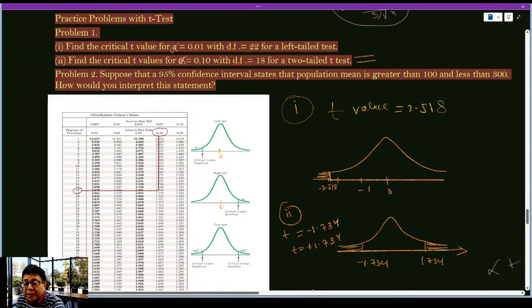Okay, done. So you have to do it there. You have to set the region there. Now you may get that t value positive.